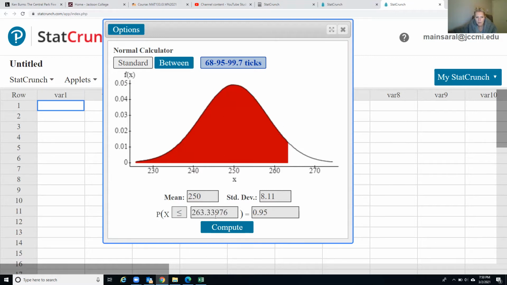And that value comes out to be 263.34. So that X bar, the mean, would be 263.34. And I'm going to shade my graph and take you there so you can see what it will look like.